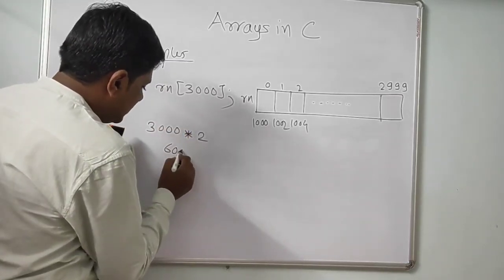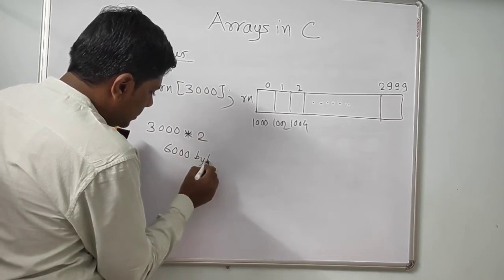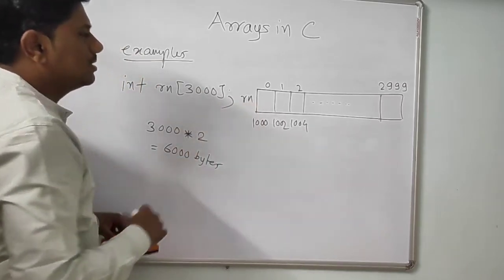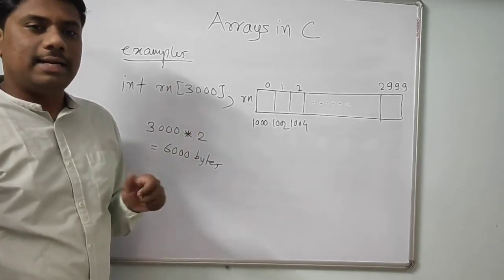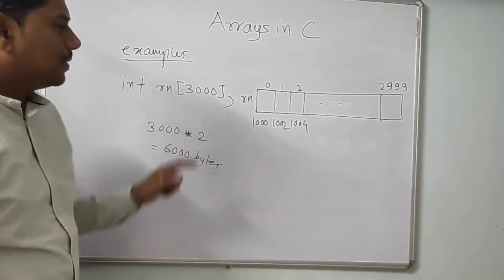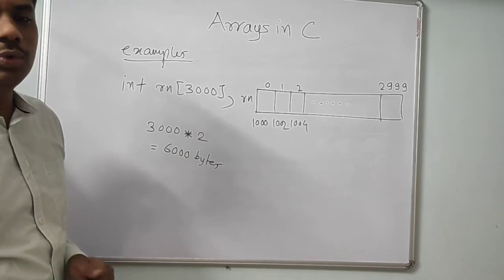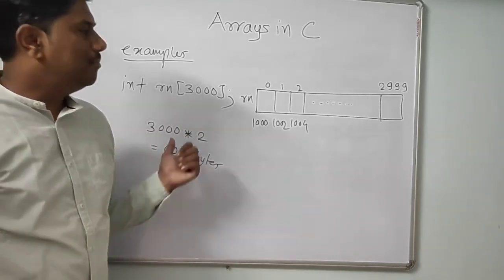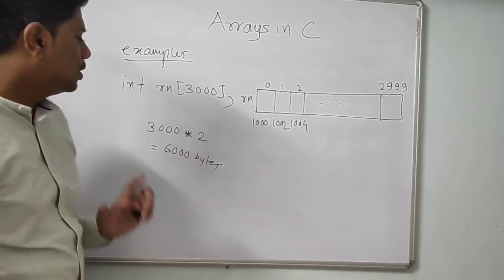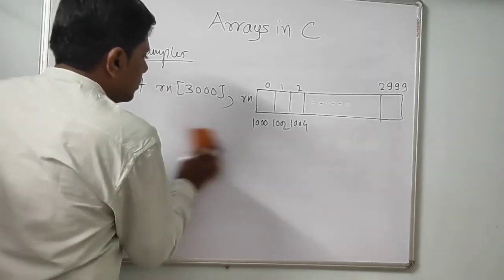So total 6000 bytes will be reserved for this array by the compiler. And this is happening at compile time because the compiler is allocating this memory to your array. So array supports static memory allocation, that is, at compile time memory will be allocated.